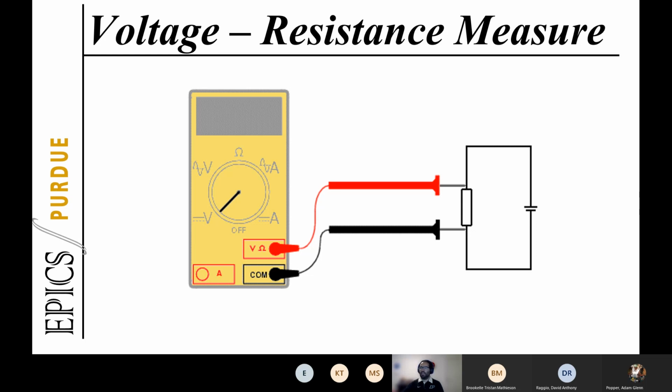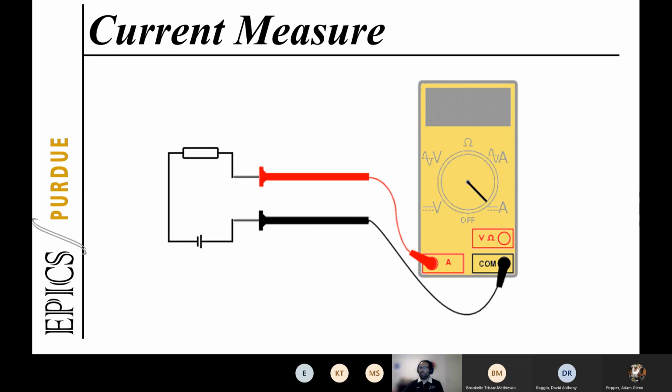So for example, if you were to measure the resistance of a resistor that is marked as 1 kilo ohm, but that resistor is connected to other parts of the circuit, it's very likely that you will see a resistance that is not 1 kilo ohm when you measure the resistor. I'm going to show you some examples later, and there is a hands-on part in this session at the end.